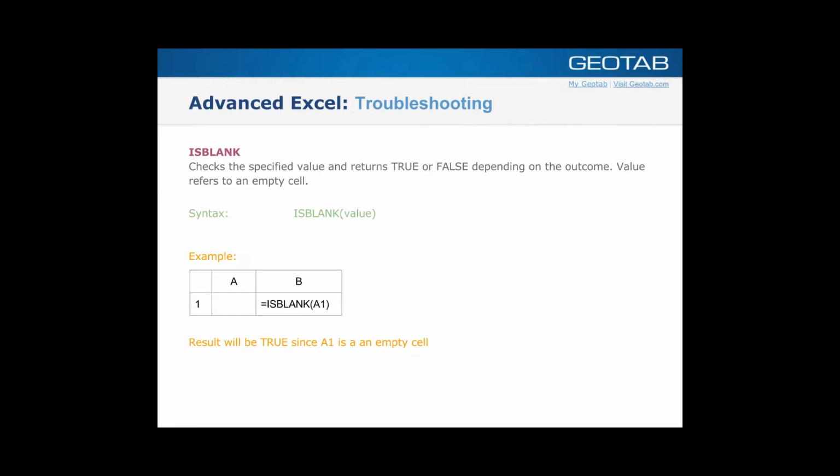If I just say equals whatever the cell is in the data tab, what will happen is it will just result in a 0 if it's blank, but maybe I actually want it to just show blank on the report tab. So I could use this IsBlank formula. It's pretty straightforward, same as the other ones. You can see that cell A1 is blank. There's nothing in there. So I would just do equals IsBlank, reference cell A1, and it's going to give me that true or false.